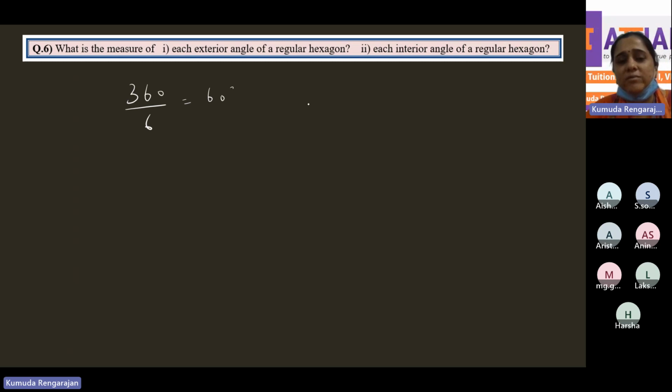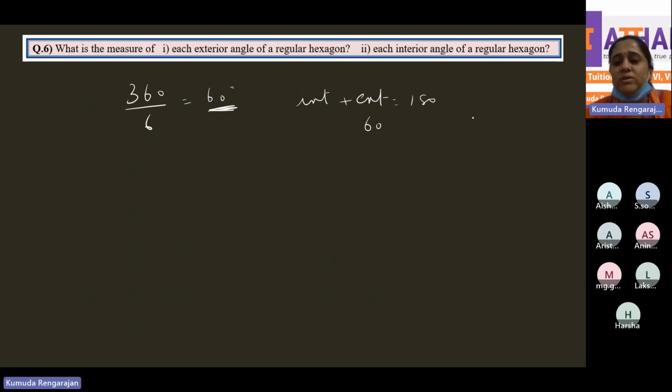Each interior angle will be, we know that interior angle plus exterior angle is equal to 180. The exterior angle is 60. So the interior has to be 180 minus 60, which is 120.